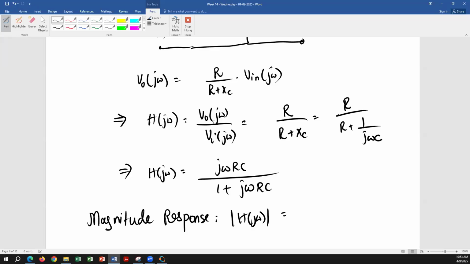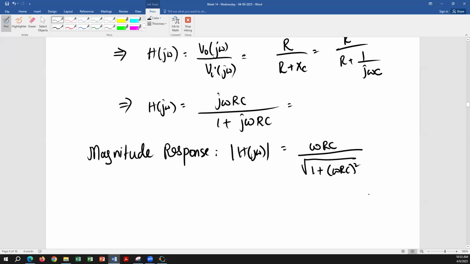You don't put j when you're calculating magnitude, first of all. It's omega RC angle 90 degrees, right? So omega RC is the magnitude, 90 degrees is the phase. So this is omega RC right here. Omega RC is the magnitude of the numerator. What is the magnitude of the denominator? Square root of 1 plus omega RC squared. Okay. So that's the magnitude response.